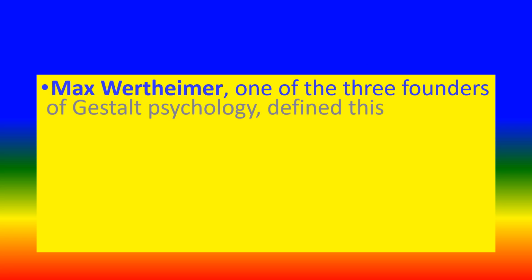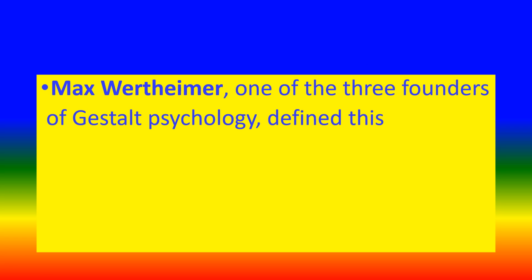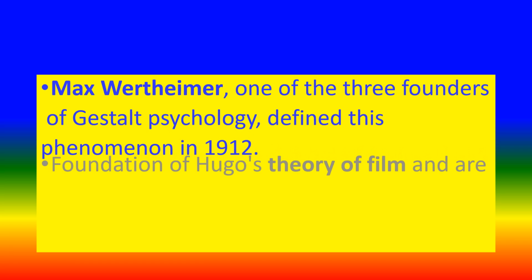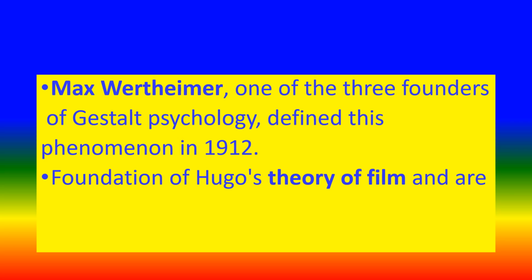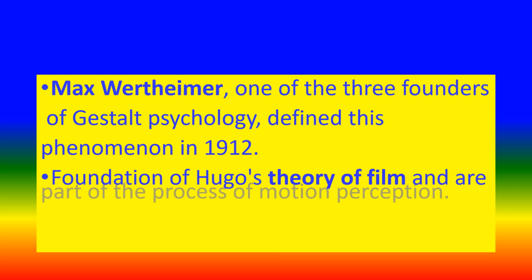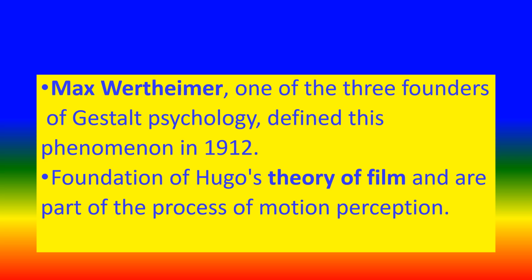Max Wertheimer, one of the three founders of Gestalt psychology, defined this phenomenon in 1912. It is the foundation of Hugo's theory of film and is part of the process of motion perception.